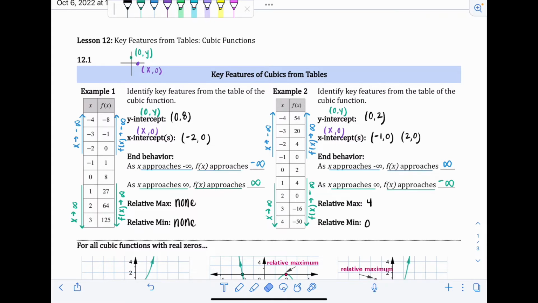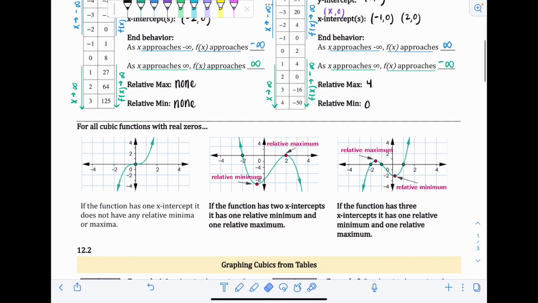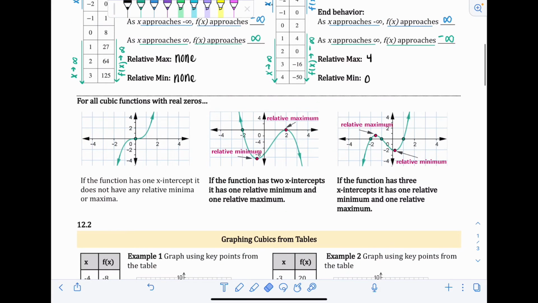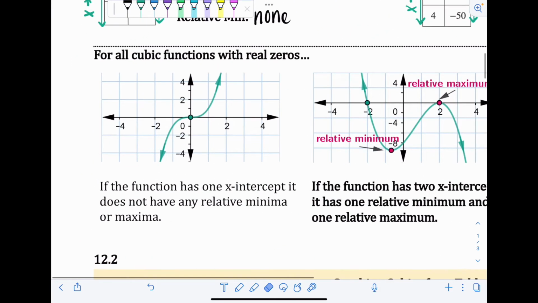Okay, so for all cubic functions with real zeros, this is just a general thing that helps you check your work. So for the first one, if a function has one x-intercept, like this has one x-intercept, it does not have any relative minima or maxima. Those are just the plural for minimum or maximum.